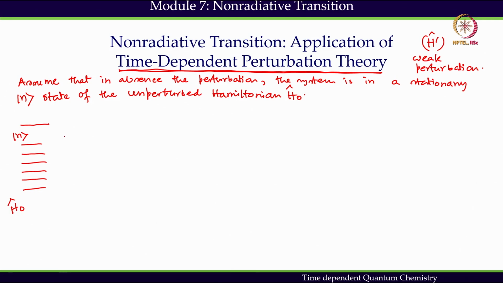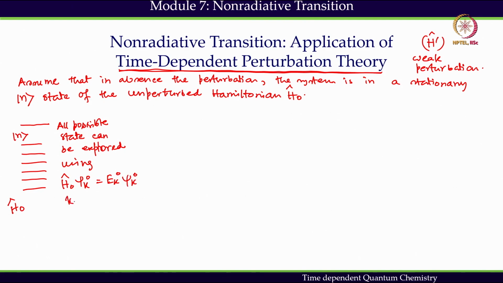So all possible states can be explored using the time-independent Schrodinger equation, which is H naught psi k naught equals E k naught psi k naught.